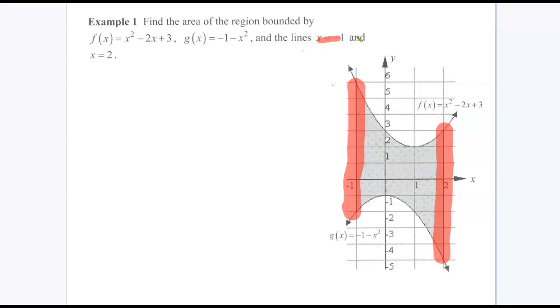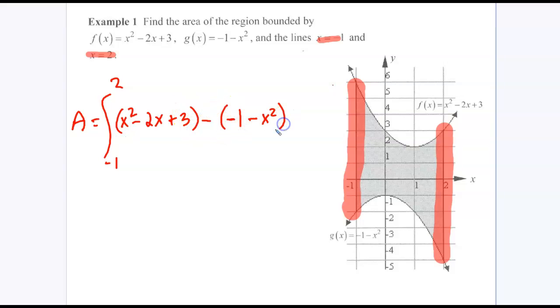To figure out this area, it's going to equal the integral from negative 1 to 2 of the top function, x squared minus 2x plus 3, minus the bottom parabola, negative 1 minus x squared, and I'm integrating this whole thing with respect to x.